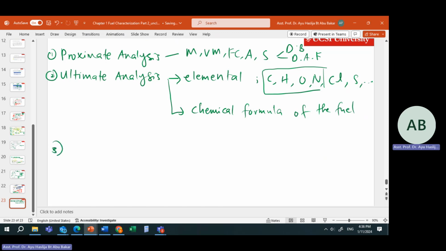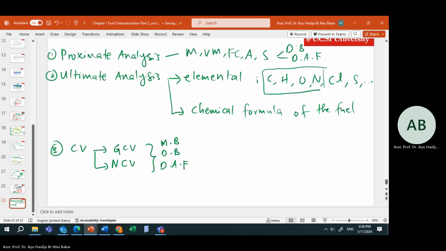Okay, then the third one, today's lecture, which is the CV, calorific value, where you have GCV and NCV. Both these can be in moist basis, dry basis, dry ash free basis.